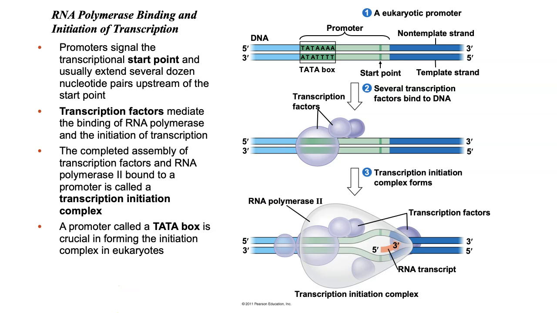Once we have created our transcription initiation complex with all of our transcription factors binding onto the TATA box and the promoter, and the RNA polymerase II is bound on, then we can go into step 2, which is elongation. So this whole process is initiation. Now we're going to go on to elongation.